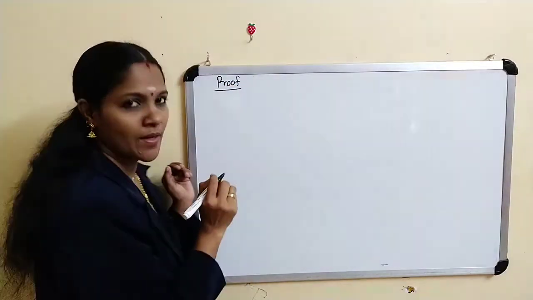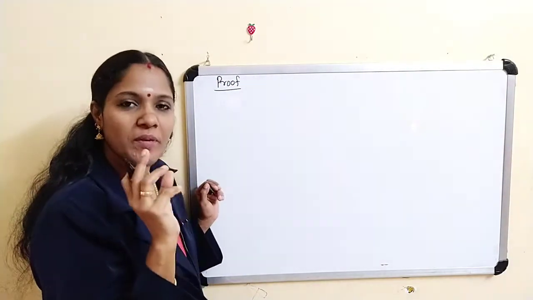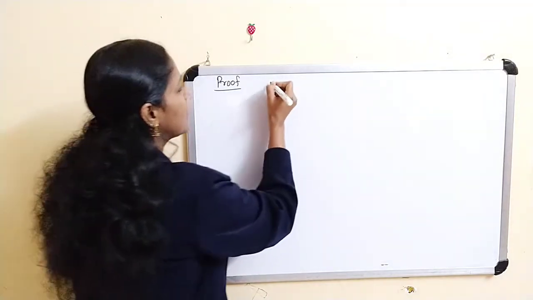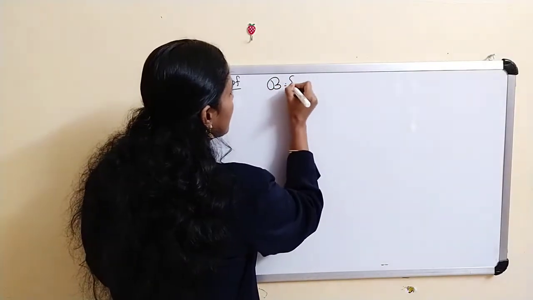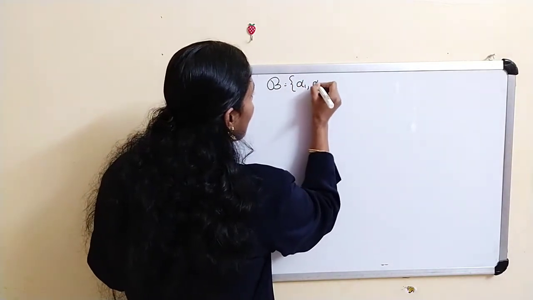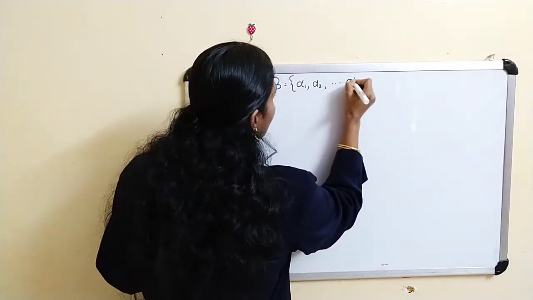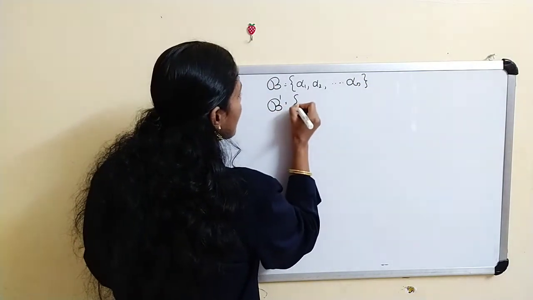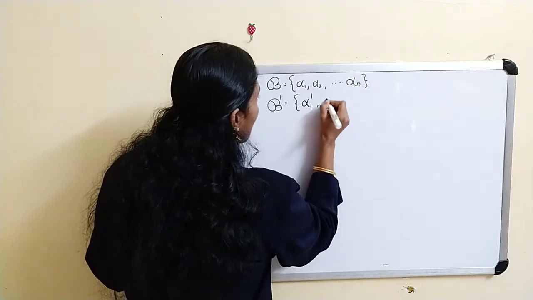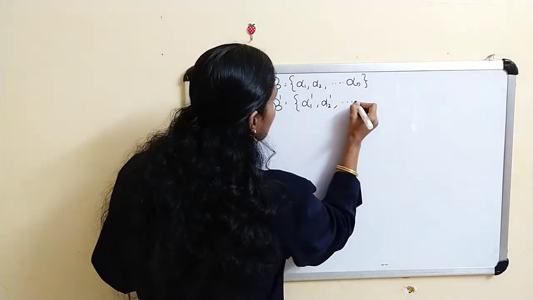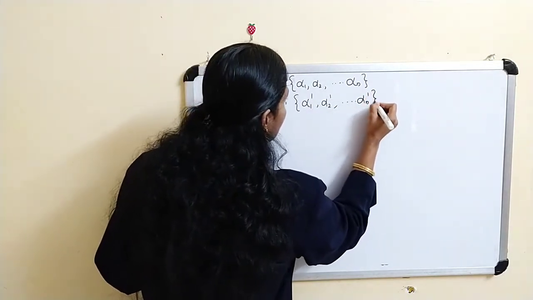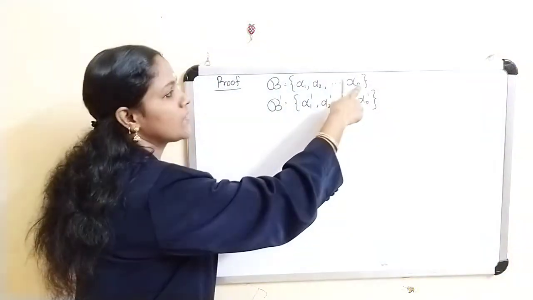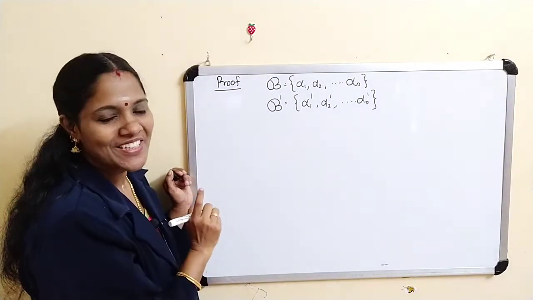What is given? Script B and script B dash are two ordered bases for V. Suppose B is equal to alpha 1, alpha 2, etc. alpha n, and B dash is equal to alpha 1 dash, alpha 2 dash, etc. alpha n dash. As ordered bases have the same number of elements, therefore this also has n elements.